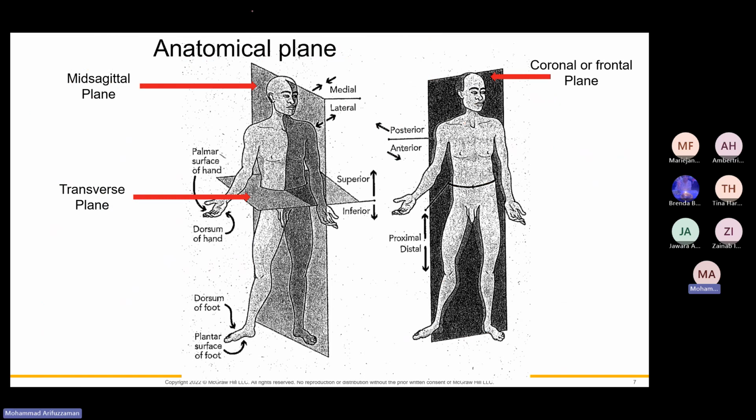Now the anatomical planes. I think you learned this in Bio 110 and also in medical terminology. So what is an anatomical plane? These are imaginary planes, and these anatomical planes are frequently used in diagnostic imaging.